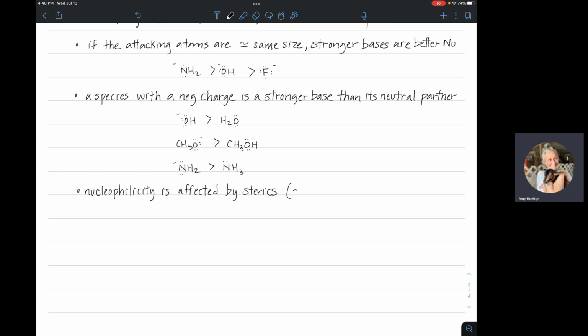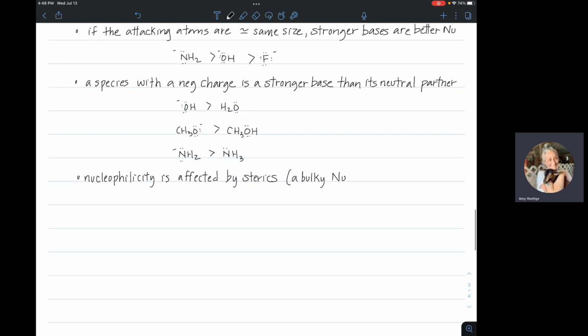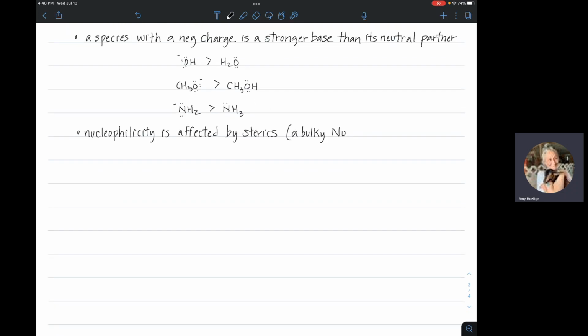So a bulky nucleophile, we already looked at the alkyl halide, which is the electrophile, and we said that a bulky electrophile is going to slow down the SN2 process. A bulky nucleophile will also slow down the SN2 process because it can't approach the electrophile as easily.